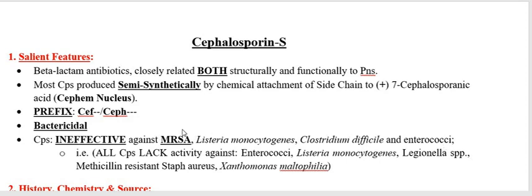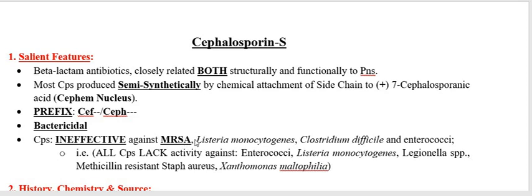A new entrant in this group is the fifth generation cephalosporins, which act against methicillin-resistant Staph aureus.